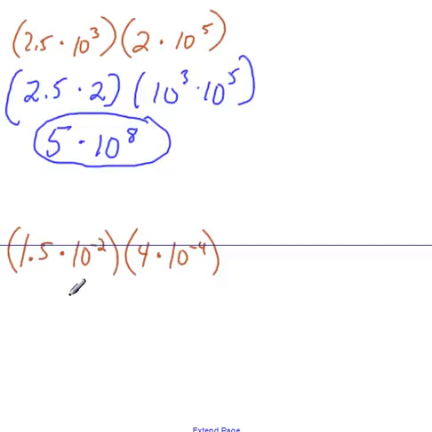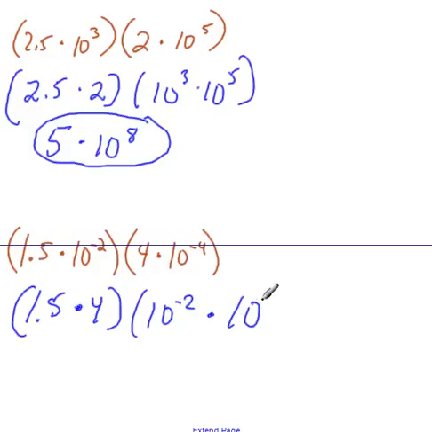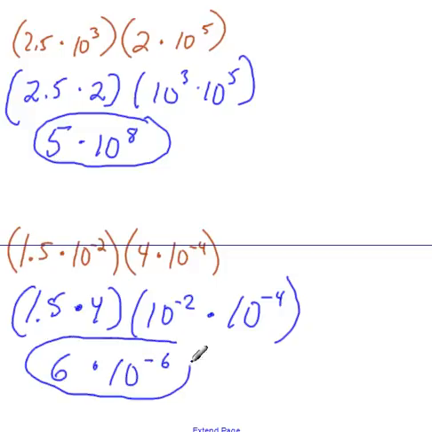And then I have 1.5 times 10 to the negative second times 4, so two small numbers. Put the two non-powers of 10 together, and then put the powers of 10 together. And this is 1.5 times 4, well that's 6, and then this is 10 to the negative 6th. But add the exponents right there.